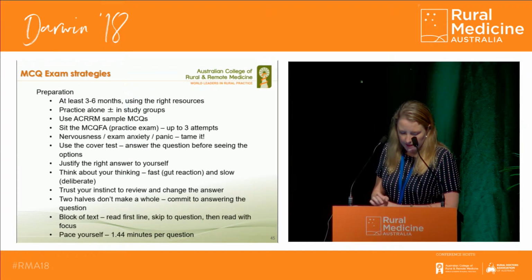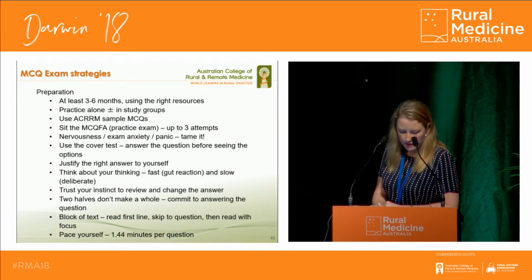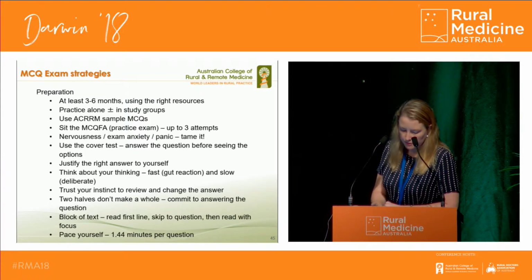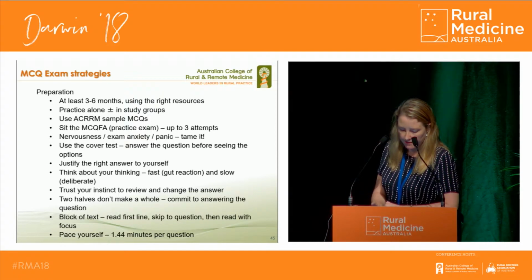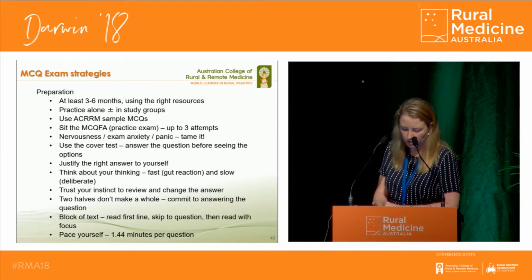So Katie had a few extra points here at the bottom about answering questions. Commit to a question and answer it to the best of your ability the first time you read it. Having half an attempt and then flagging the question for review at the end and having another half attempt when time is running out is a situation where two halves don't make a whole.